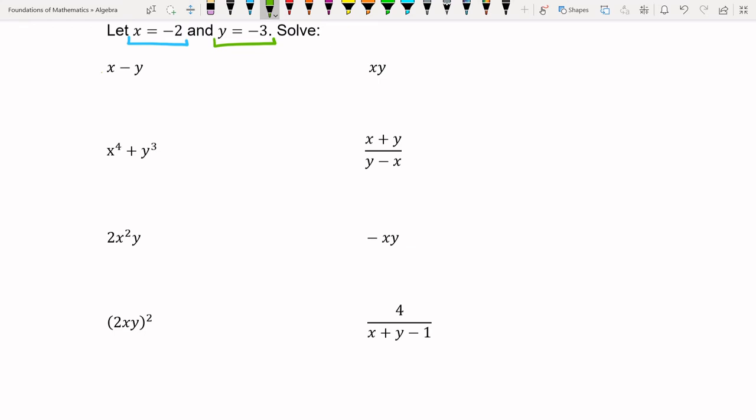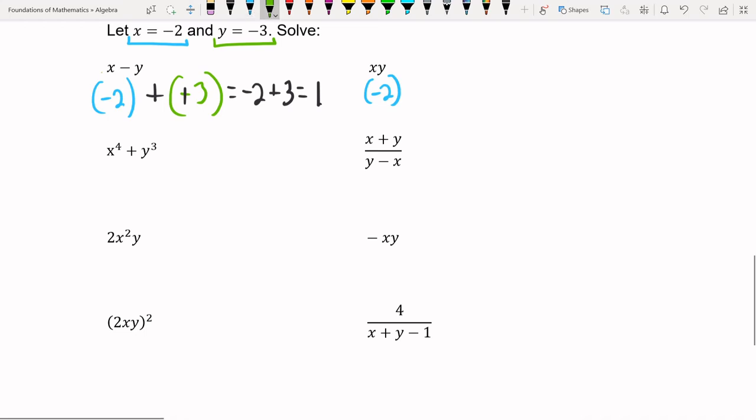So we have x minus y, x is -2, minus y of -3. You see that these become a plus, and we get -2 plus 3. -2 plus 3 is 1. Okay, now we have -2 times -3. Negative times negative is positive, and 2 times 3 is 6.